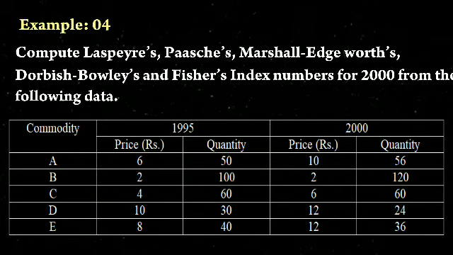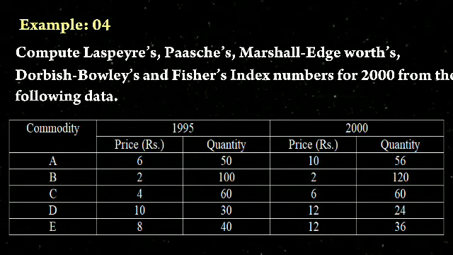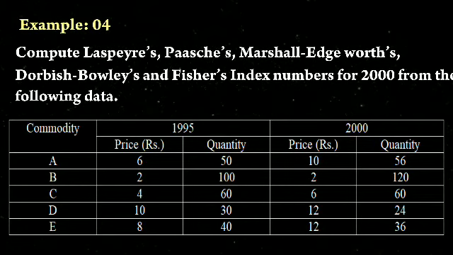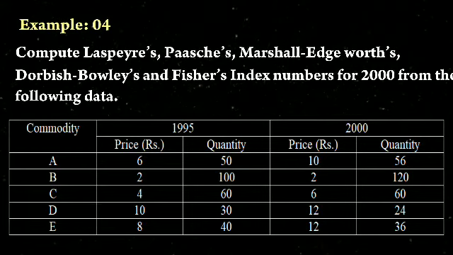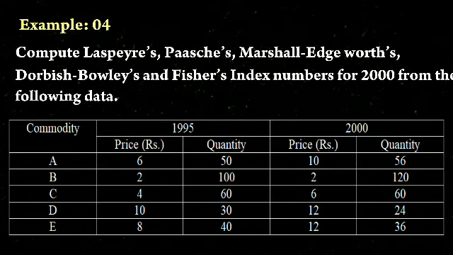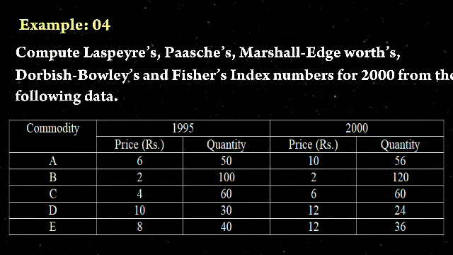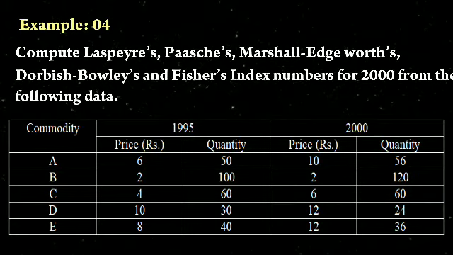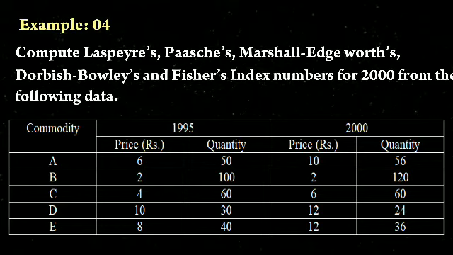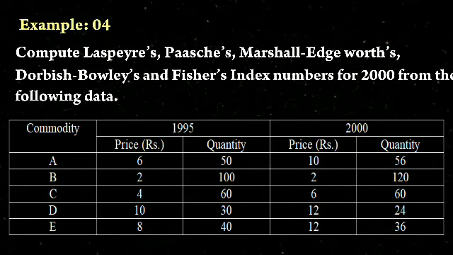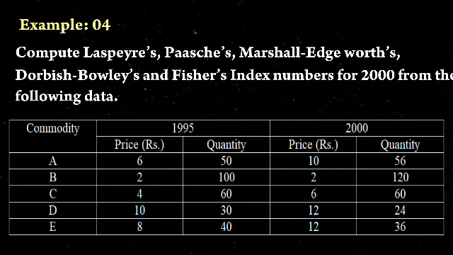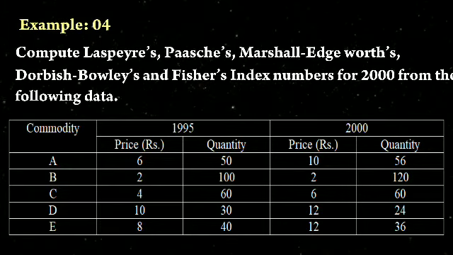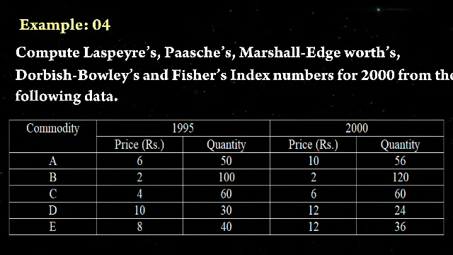Now in order to find the index number, as the formulas of Laspeyre and Paasche say, you should find the product of the price and the quantity values. For Laspeyre's formula, quantity values of the base year are fixed. So the formula is sigma P1 Q0 divided by sigma P0 Q0. So you should find the product of P0 Q0 and the product of P1 Q0.